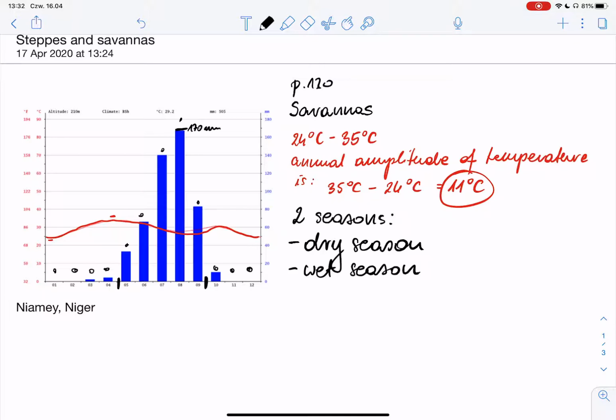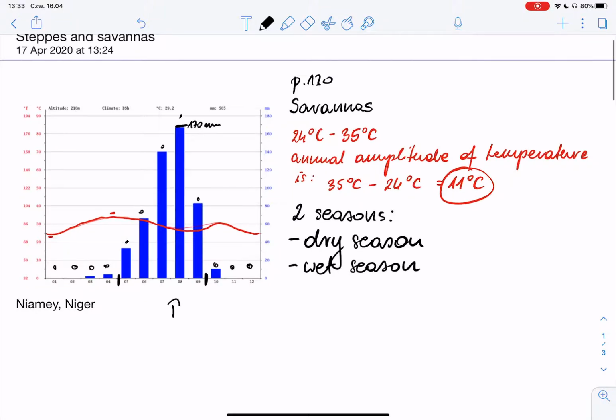In those places, the annual sum of precipitation will be around 200 millimeters, and at the south border of savannas, neighboring with the rainforests, the annual precipitation will be up to 1000 millimeters.